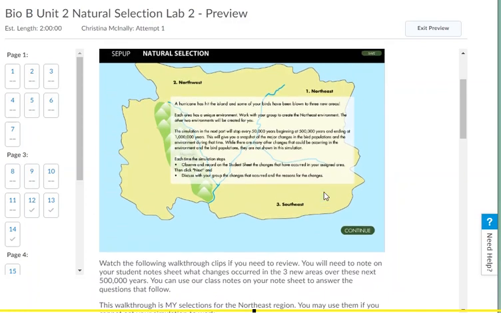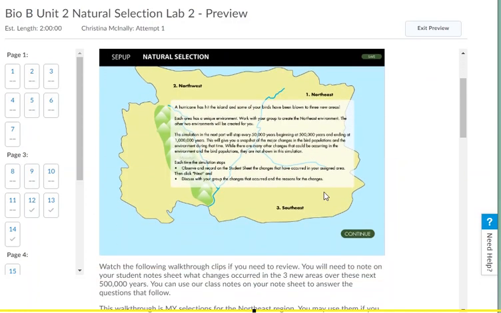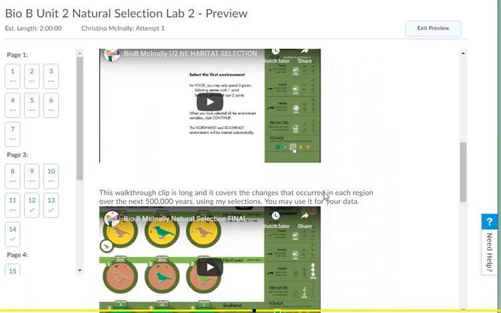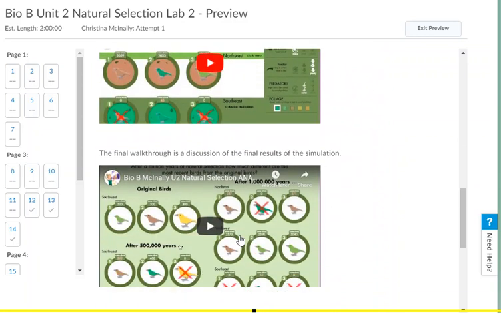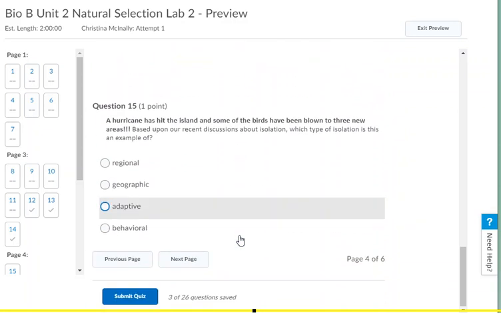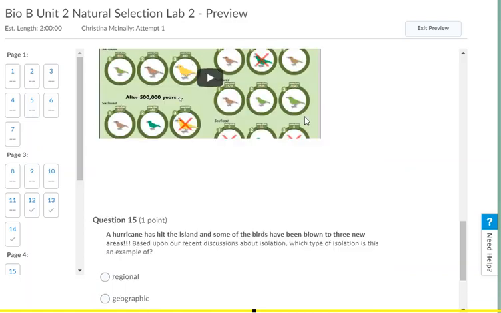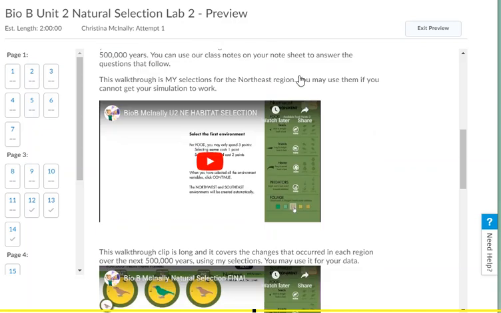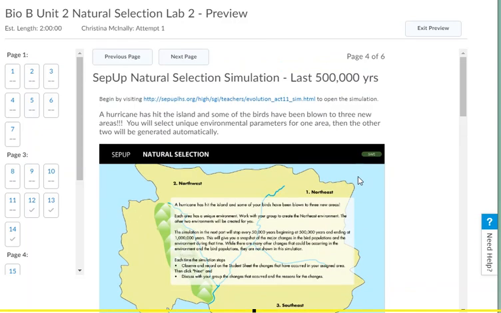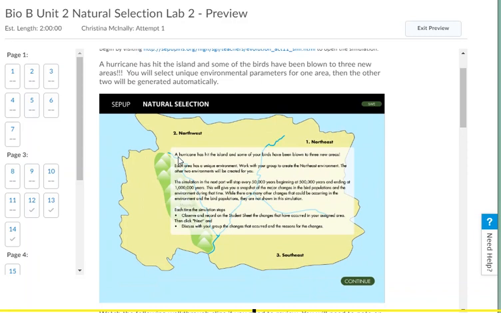So this part is the second 500,000 years. You were supposed to have done this one on your own, or you could just watch my videos. Basically, it's asking you, after the hurricane hit the island and some of the birds blew away to the three new parts of the island, now we're talking about the northwest, the northeast, and the southeast.